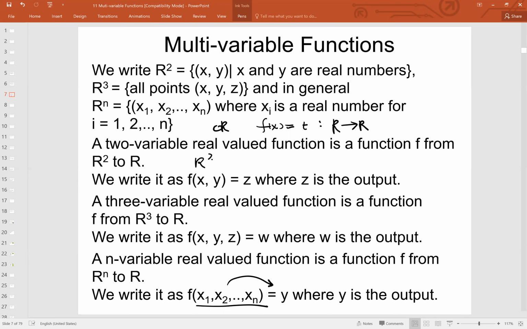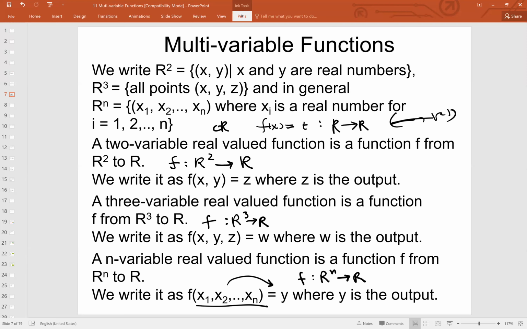For two variables, f is a function from R2 to the real numbers. Here f goes from R3 to R, and the output is a real number. And this one, f goes from Rn to R. Of course, you can imagine different functions from R into R squared or something like that, but that's for the future.